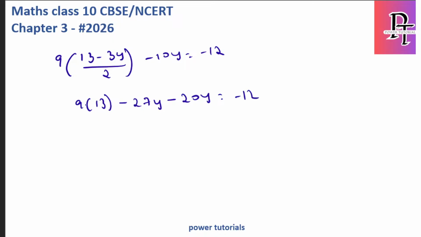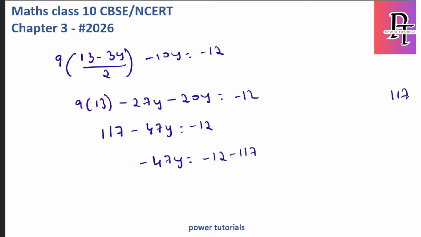So this becomes 13 nines, 117, minus 47y is equal to minus 12. So minus 47y is equal to minus 12 minus 117.